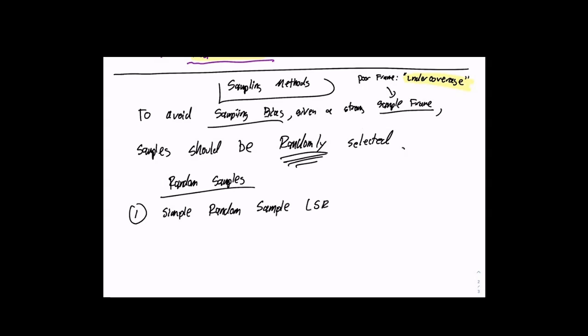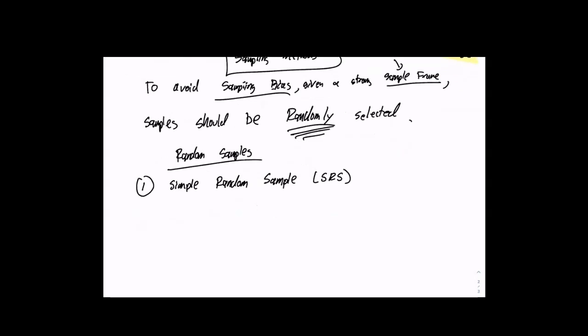I might also refer to it simply as SRS. So when you see SRS, it is one of the random sampling methods. It is not the only one. Many people believe that a simple random sample is the only way to take a random sample, and that's not true.